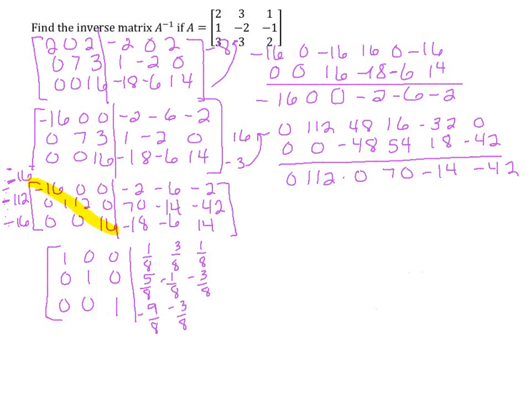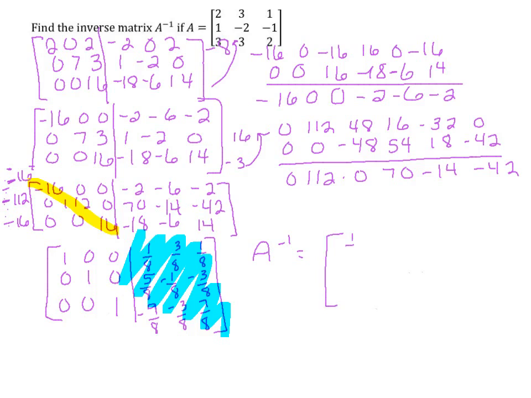And then 14 over 16 is 7/8 reduced. So again, this part here would be our inverse. So the inverse of A is 1/8, 3/8, 1/8, 5/8, -1/8, -3/8.